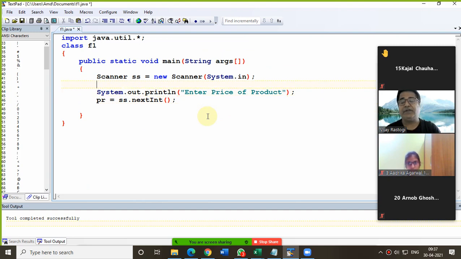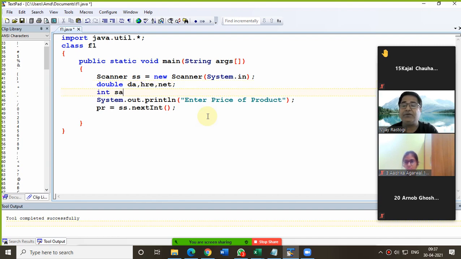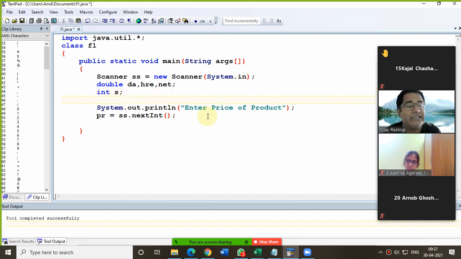Just wait. So in this program, we are going to use double type variables. Why? Because the DA and HRA are given in the question as fractions. That is why these variables are required. And for the salary, you can use S also as integer type because the salary is given in whole numbers only, right?